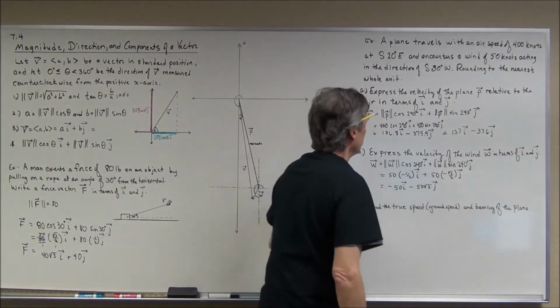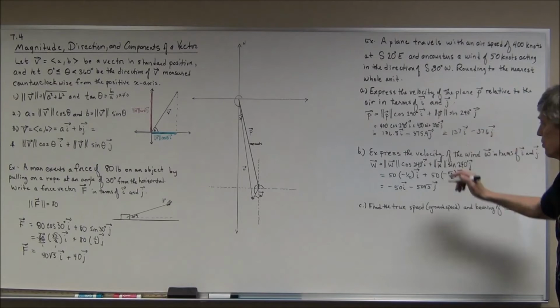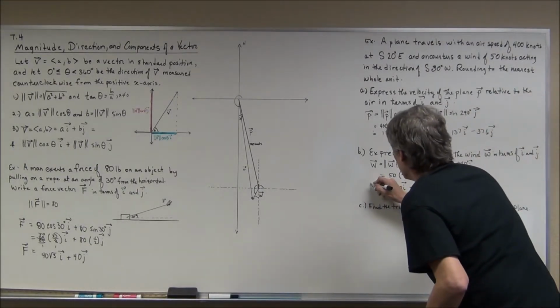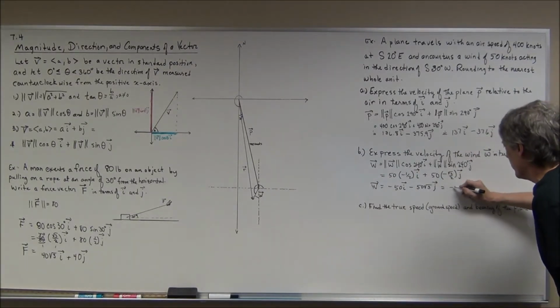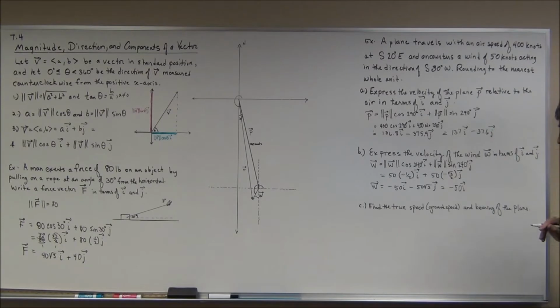Now they wanted it to the nearest whole unit, so this is okay. But vector W is equal to negative 50 times vector I. Remember that's 1, 0 in component form. And then this turns out to be 50 times about 1.732.